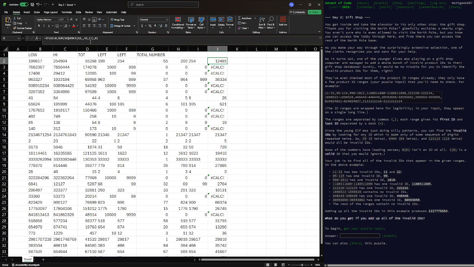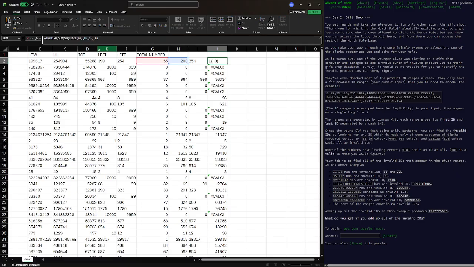These are all the same length. So I can actually do power 10.